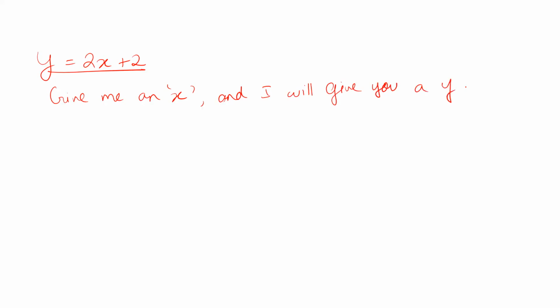That's all this is saying. This is just a rule. Oh, I get it. It's like a formula kind of thing. Exactly, a formula. So you give me an x, I'll give you a y.